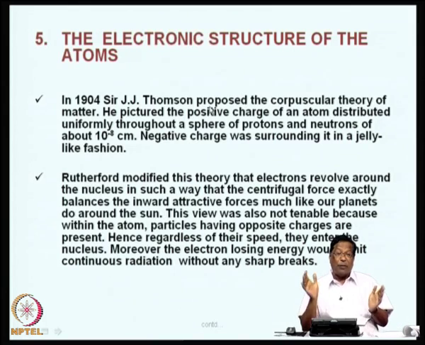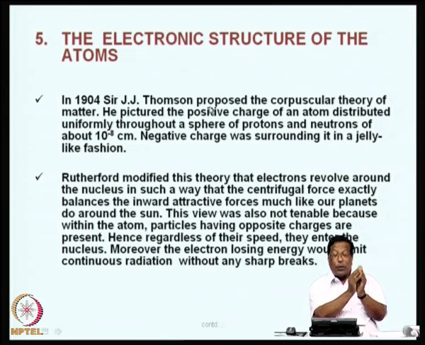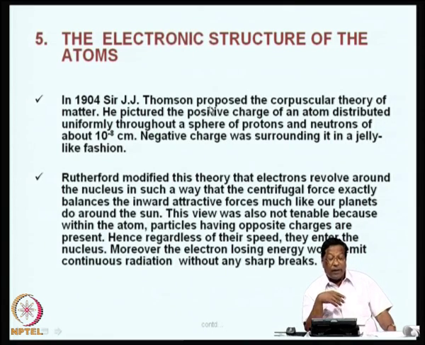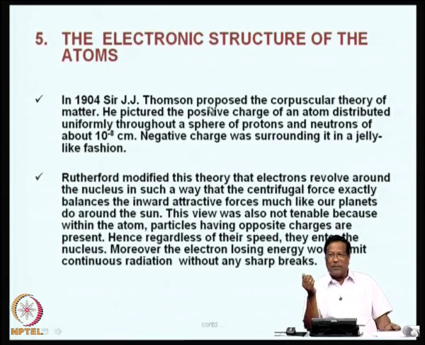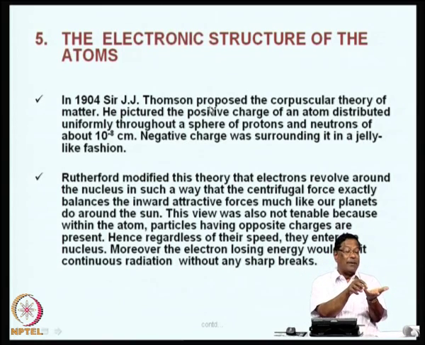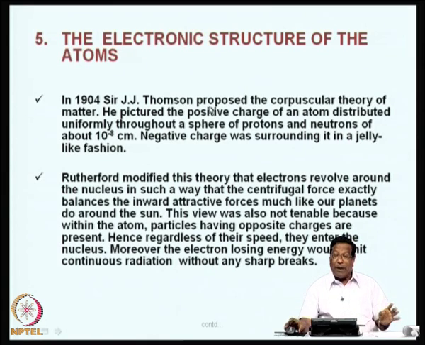He pictured the positive charge of an atom distributed uniformly throughout a sphere of about 10⁻⁸ centimeter, around which negative charge was surrounding it in a jelly-like fashion, like an amoeba. The positive charge is here, electrons are around it, the electronic mass is moving around like this, and it does not have a specific shape.